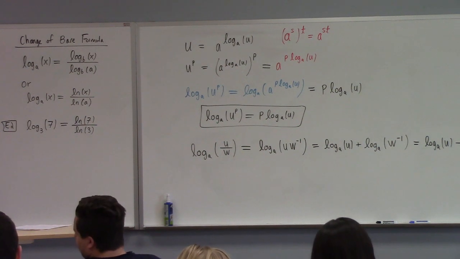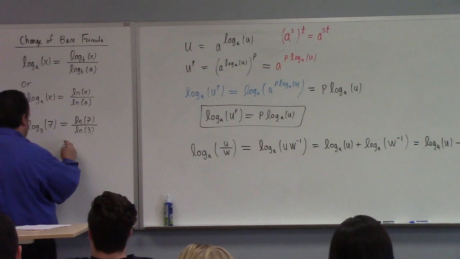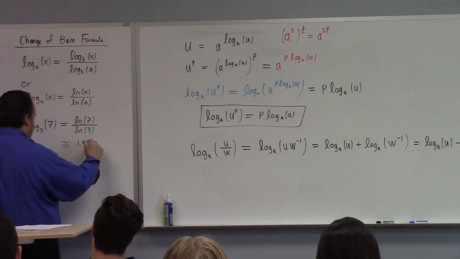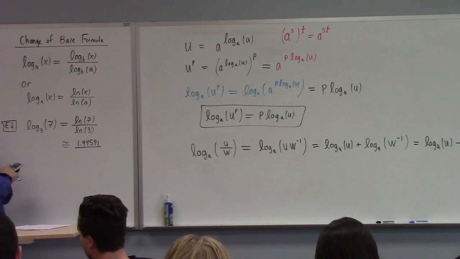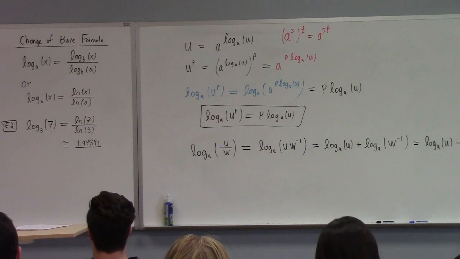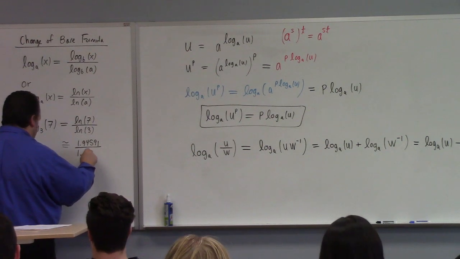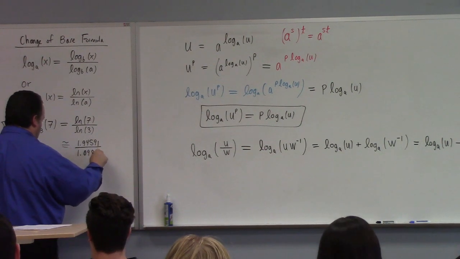So natural log of 7 is approximately 1.94591. Natural log of 3 is 1.09861.